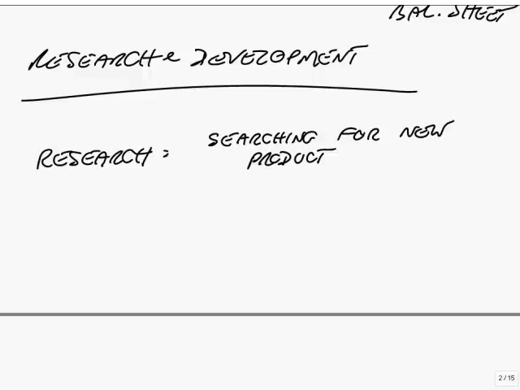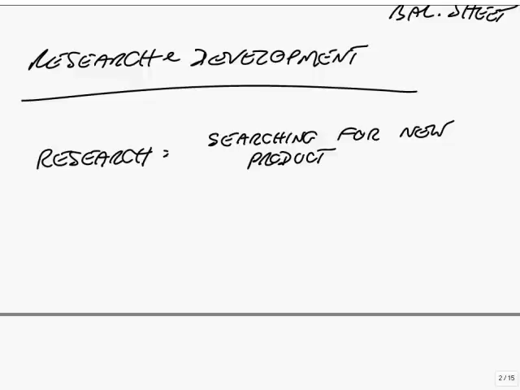The important thing here, think about a drug company. They may spend millions looking for a cure for cancer, but what makes it research is that they're not sure whether they'll actually find a cure, or even if they do, they're not sure what it's actually going to be.